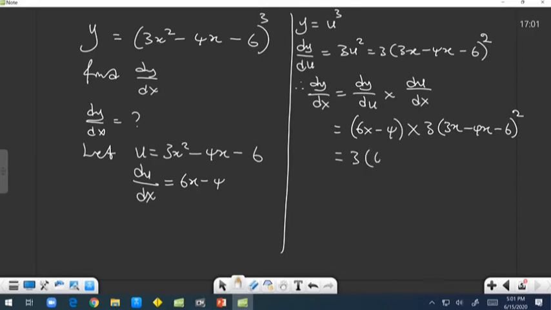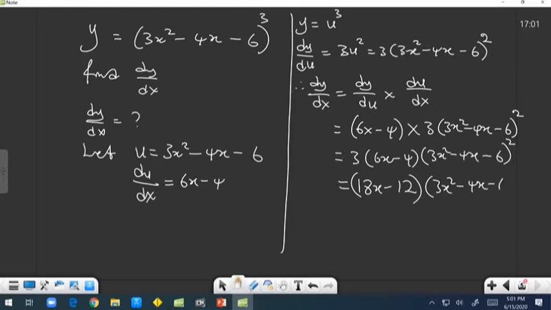We have 3 in brackets, 6x minus 4, bracket open, 3x squared minus 4x minus 6, all raised to the power of 2. So you can open the bracket. We have 18x minus 12, close brackets, then 3x squared minus 4x minus 6 all squared. So we have this as the answer to that expression.